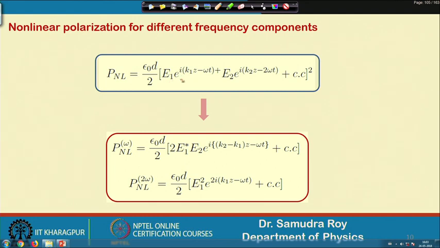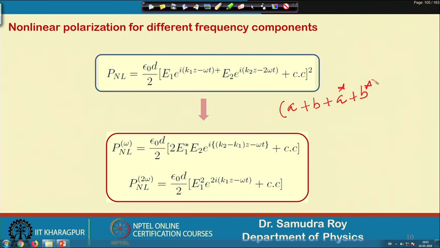We have one term which is the square of this, so a 2 omega term will be there. One term is the square of these, so a 4 omega term will be there, and the complex conjugate terms are there. So, say this is A plus B plus A star plus B star, where the star means the complex conjugate.